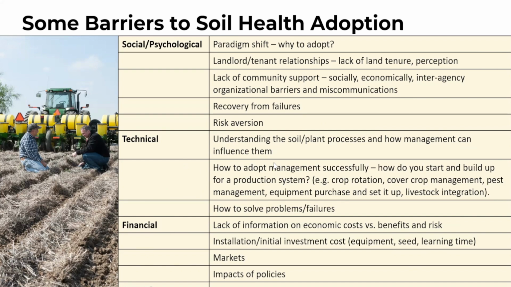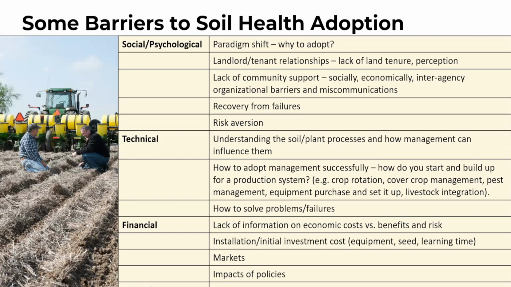Technical understanding, right? All of the soil and plant processes and how to really manage that is tricky. How to adopt successfully in a way that it really fits into that producer's context, that producer's production system, so that you can get the crop rotation adjusted, so that you can get the right kind of cover crop planted at the right time in the right way, managed throughout the season, terminated appropriately, managing pests and nutrients differently, integrating livestock with that.